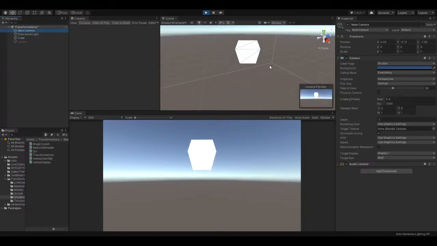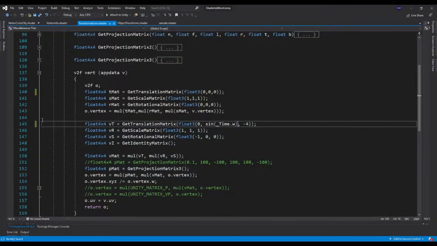Now the transformational changes are happening in the view space. Okay, this camera here does not define the view. Do you see nothing changes if you go close? Why is it happening like this? Why is the camera not able to define this? Because like I mentioned, camera is nothing but just a set of matrices.